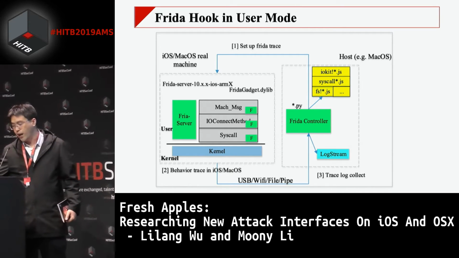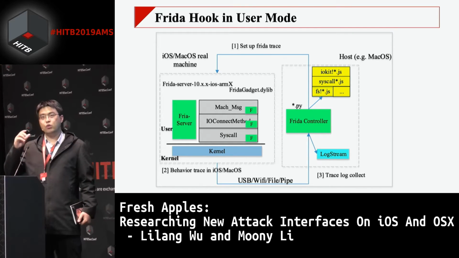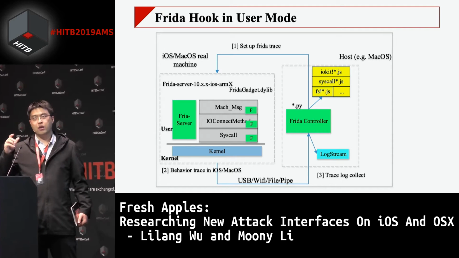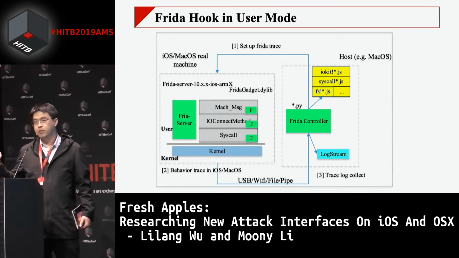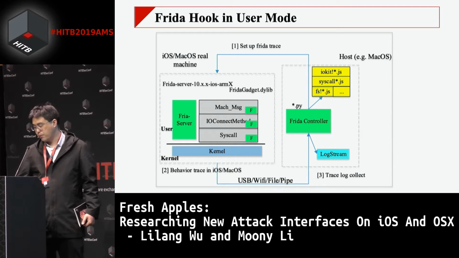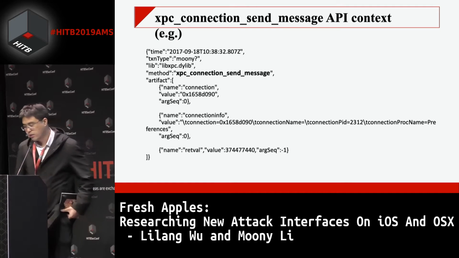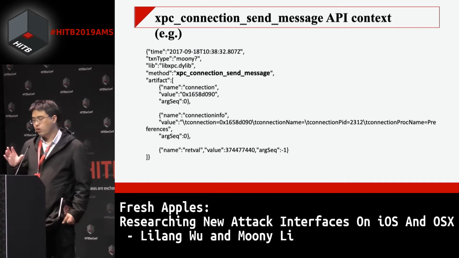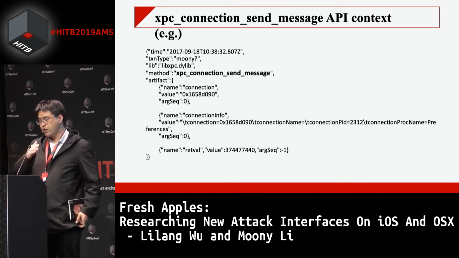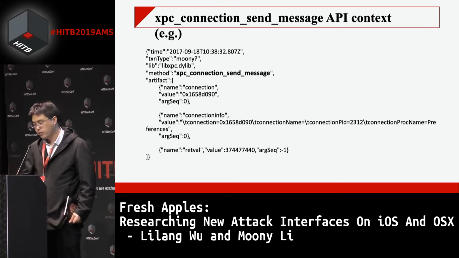So you can define your own JavaScript to hook any kind of API classification, for example, allocation, system call, file system, network, and other parts. Take the XPC connection and message API. For example, this is a typical API for communication between two different processes.